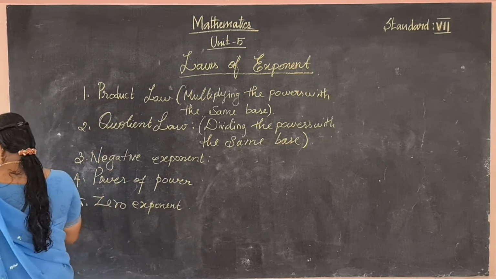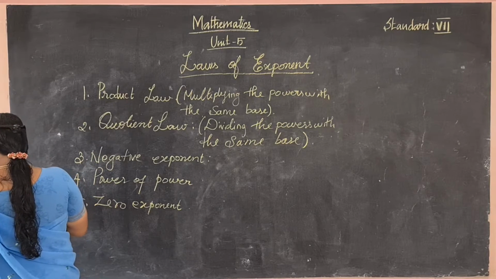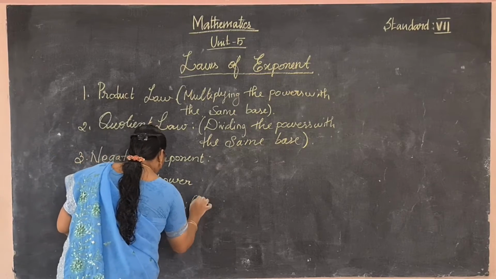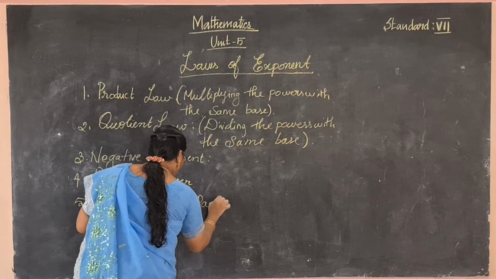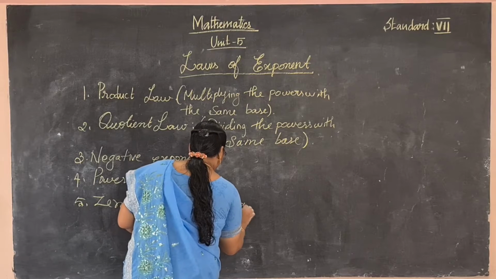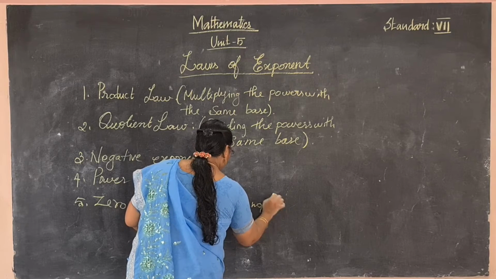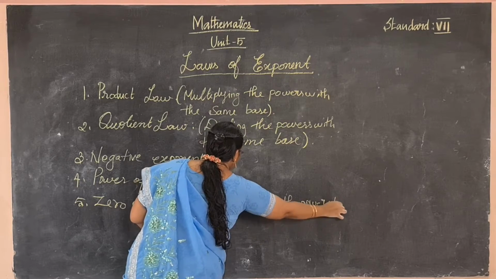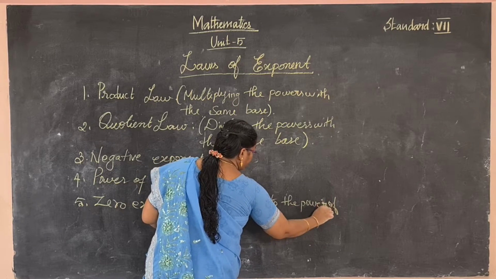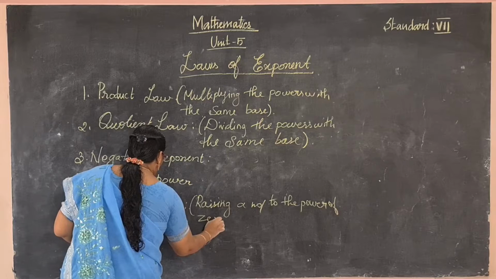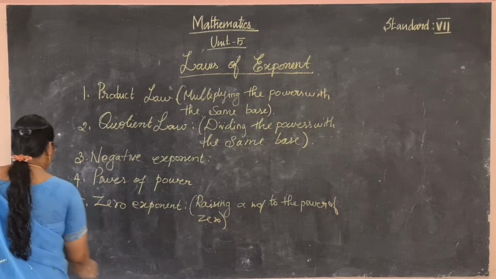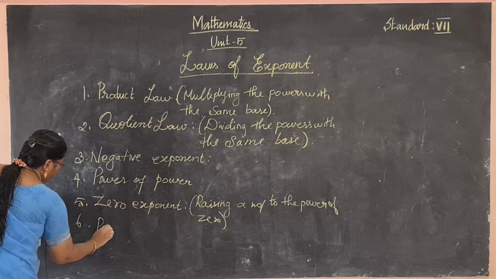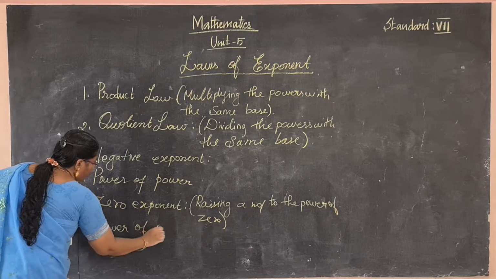In your book it is given as raising a number to the power of 0. And the sixth one is the power of 1.